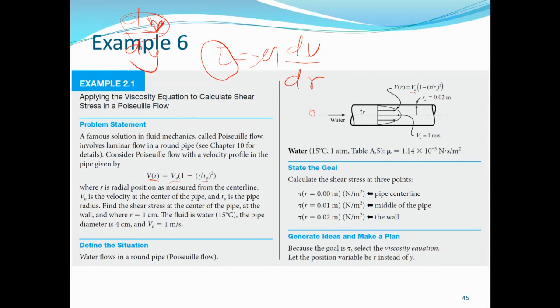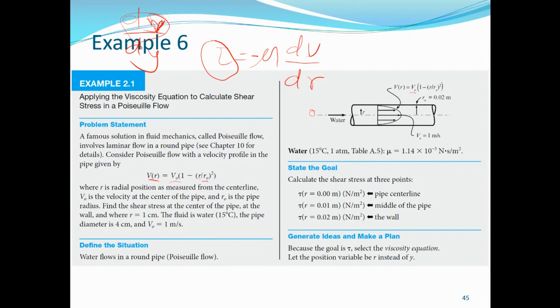Is that clear? When you are using dV dy, you don't use the negative sign because as the depth increases, the velocity increases. But in pipe flow, the velocity is inversely proportional to the radial distance, because the radial distance starts from the center of the pipeline.